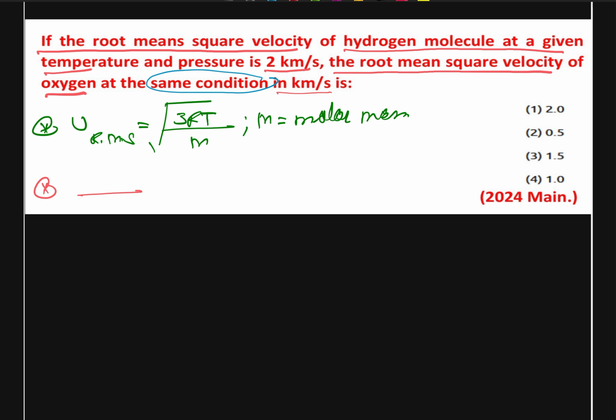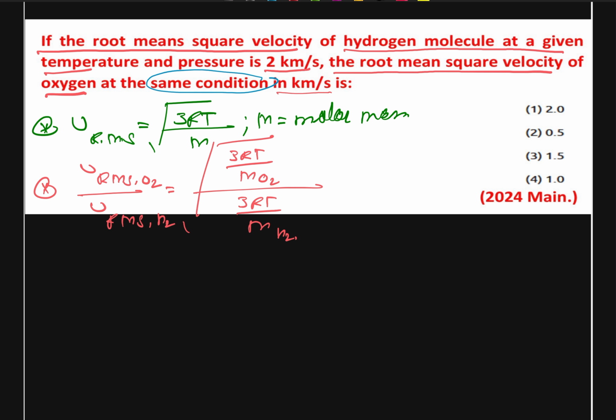write the ratio. We can say our Vrms for our oxygen and Vrms for our hydrogen will be equal to, this comes as 3RT over molar mass of oxygen, and we have 3RT over molar mass of hydrogen, and its square root. 3RT cancels out, and this can be written as molar mass of hydrogen over molar mass of oxygen, which we already know.